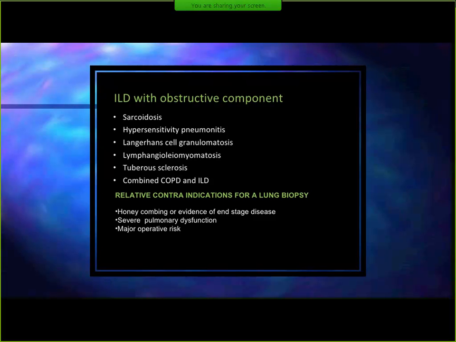So before, they used to emphasize, for acute interstitial pneumonia, rule out infection as a cause. Now they say you should be careful and evaluate the risks and benefits. And if they have a lot of comorbid diseases and they can't undergo surgery, then you don't want to do a lung biopsy in these patients.